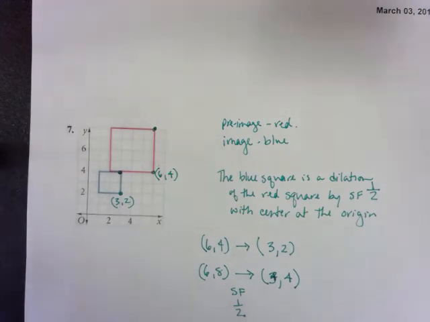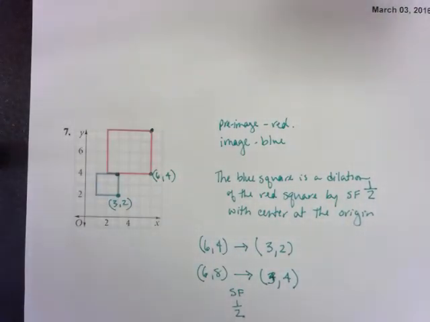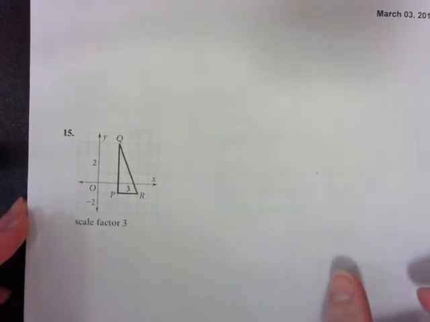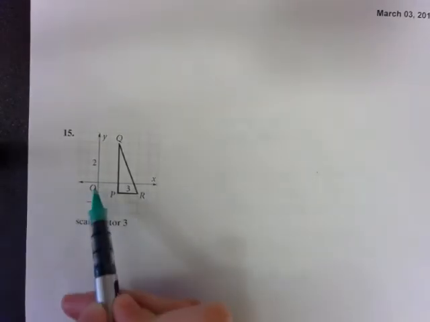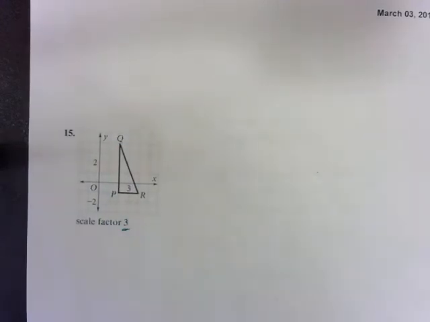So that looks more doable than just saying, oh, it looks this way, so it must be this way. The next one I want to talk about is this guy. As long as it's on the center, I can identify my points and use my scale factor of 3 to find where the image would be.